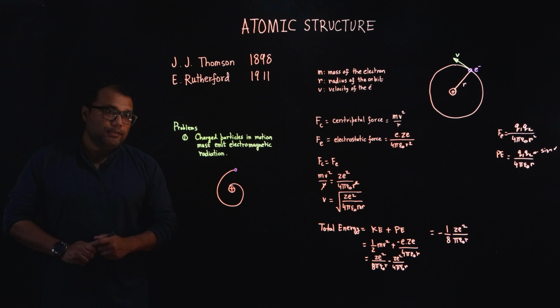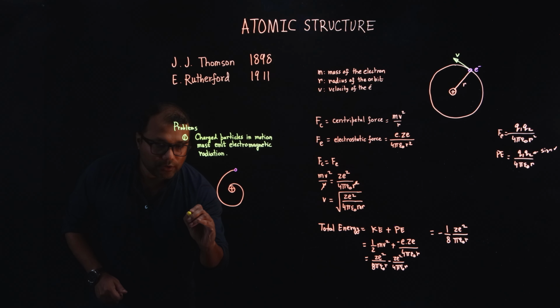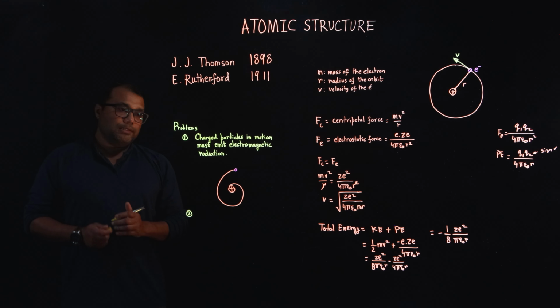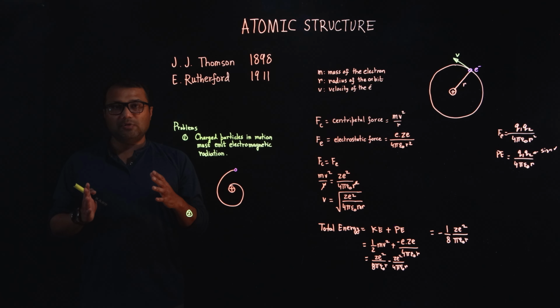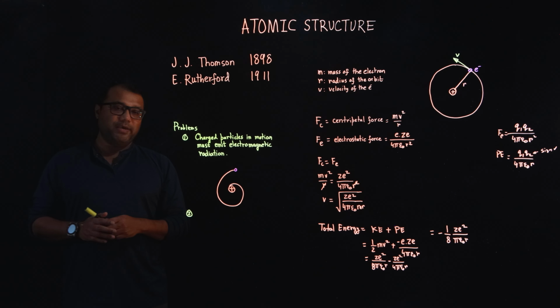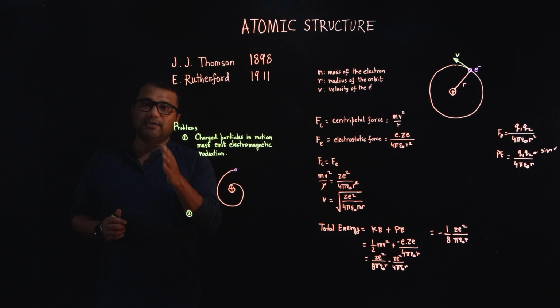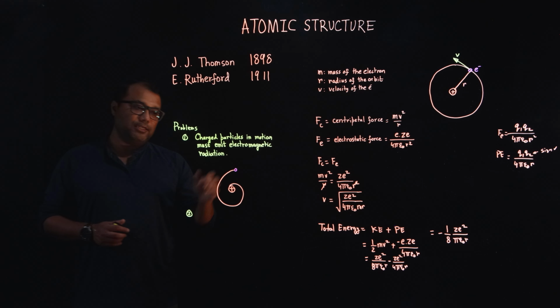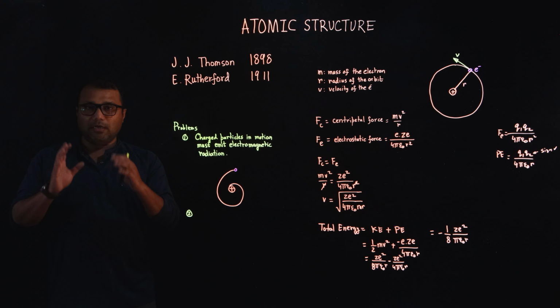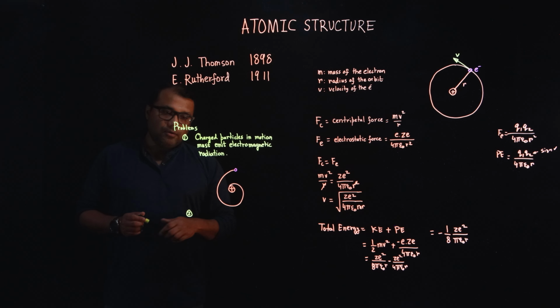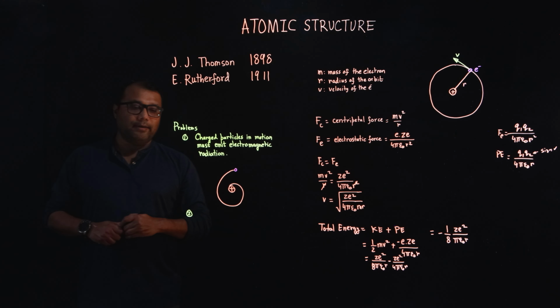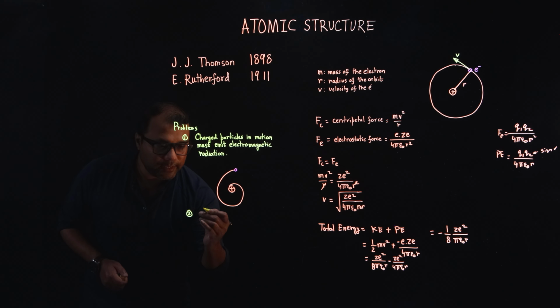The other thing that could not be explained was, when we look at the absorption or emission spectra, we see there are discrete lines in that spectra for a given gas, or a given element. Now this model could not explain that. Let me write that out first.